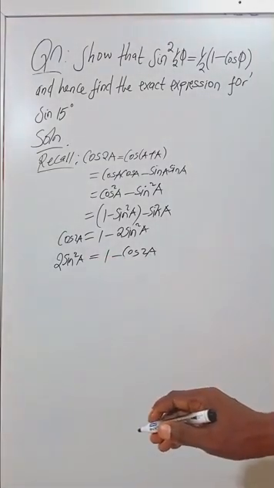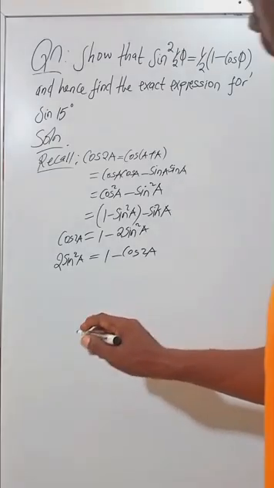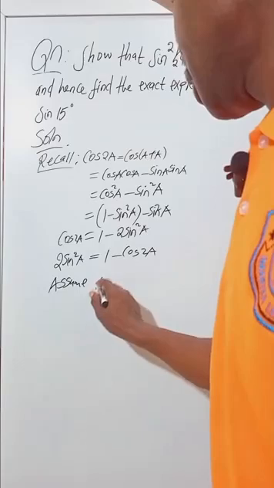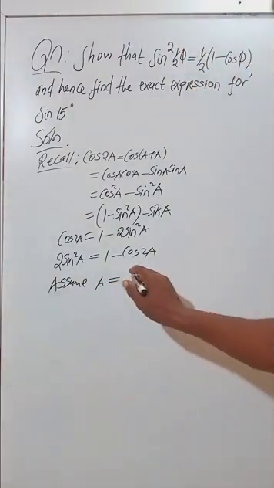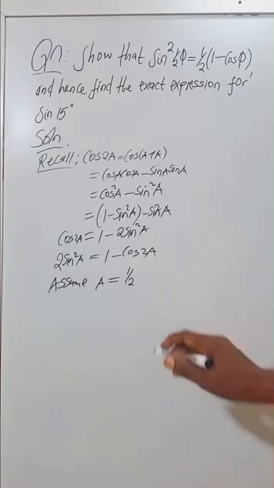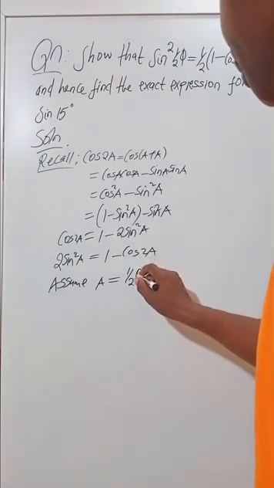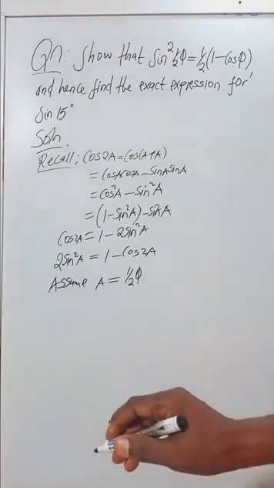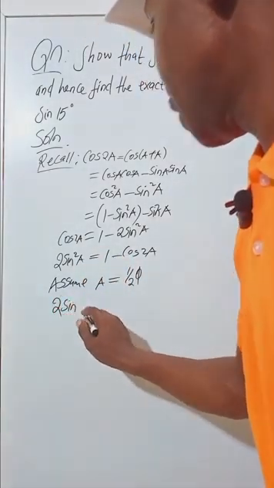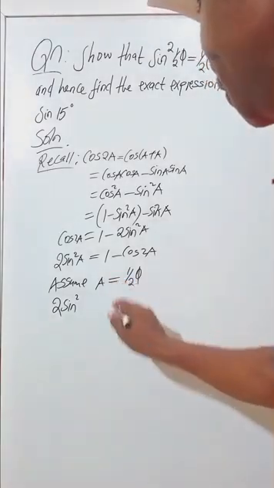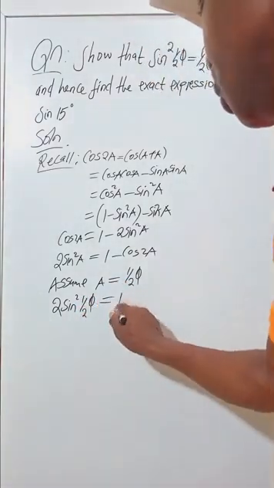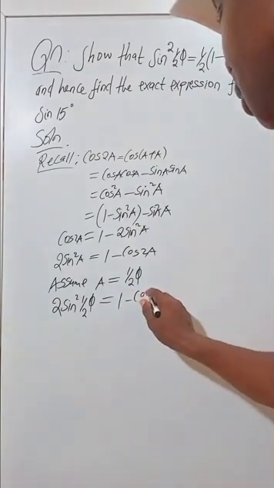Now let us assume that a this time round is equal to a half phi. So here it will be 2 sine squared of a half phi is equal to 1 minus cos.